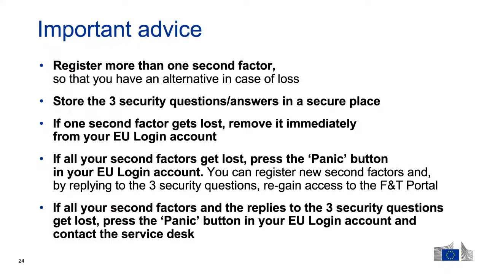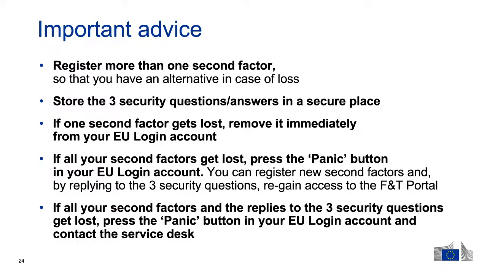Then there can even be a situation which we hope will happen only very, very rarely, meaning that all your second factors get lost and you don't have access to them anymore. If all your second factors get lost, then there is a panic button in your EU Login account.